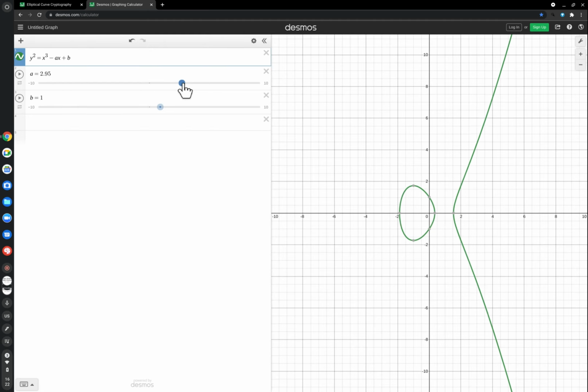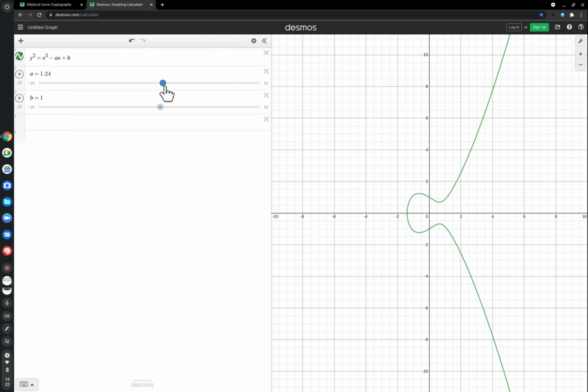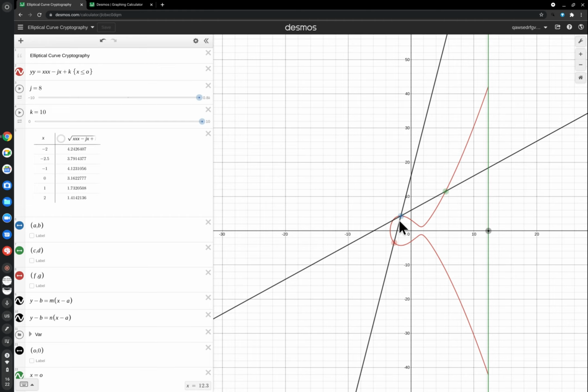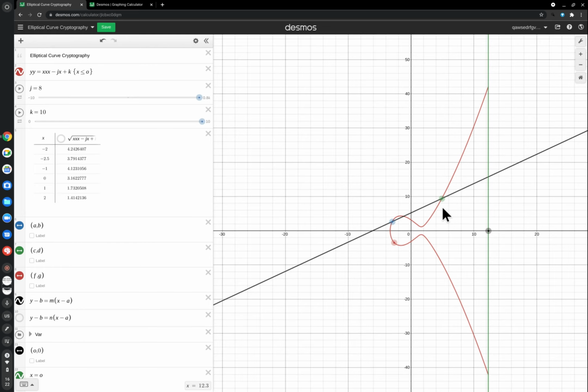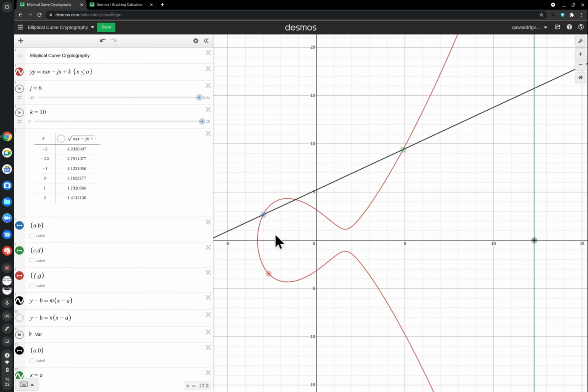Now the very unique thing about this graph is, if you take one point and draw a line through it, like we saw over here, let's remove one. So if we just look over here, at most this line only intersects with 3 points.